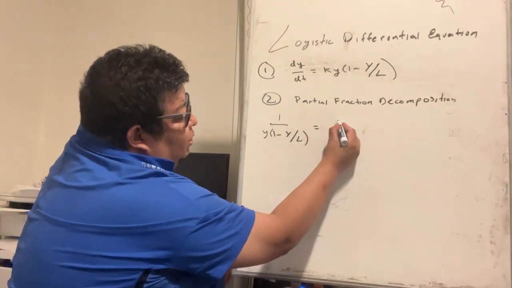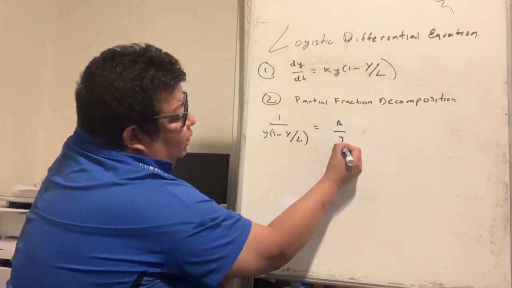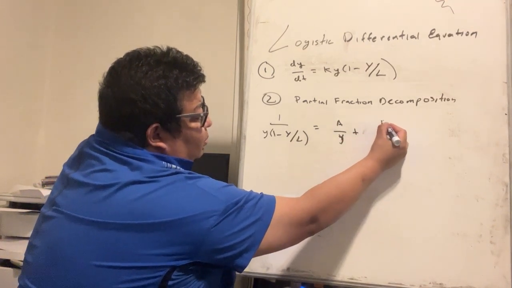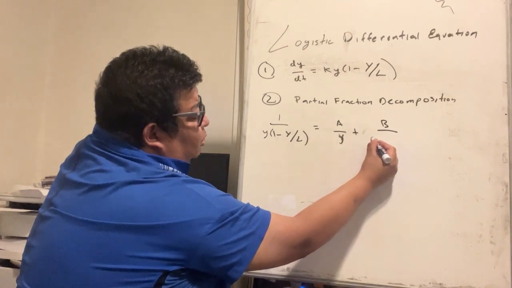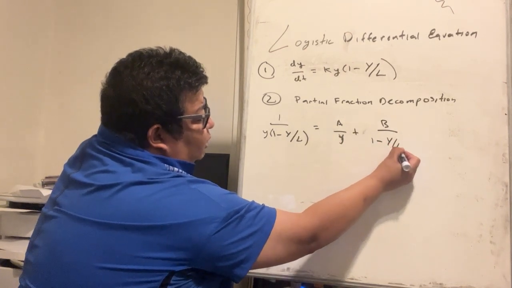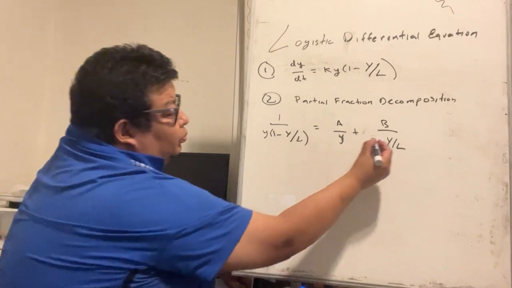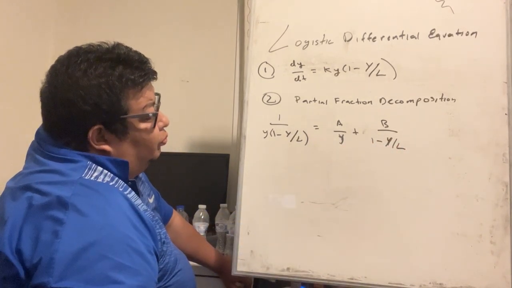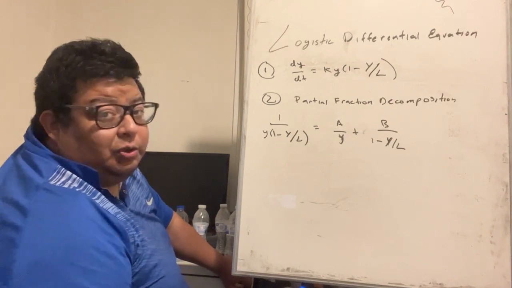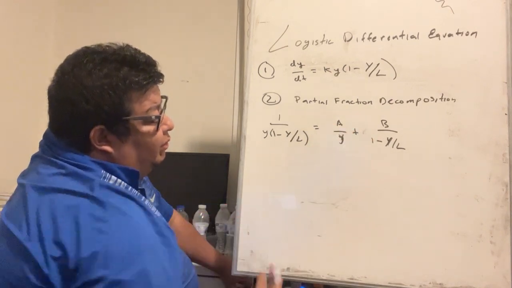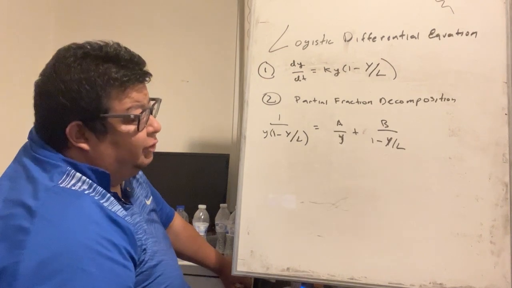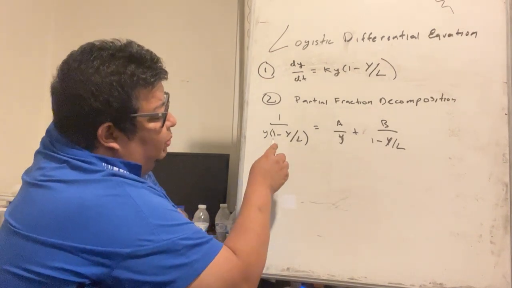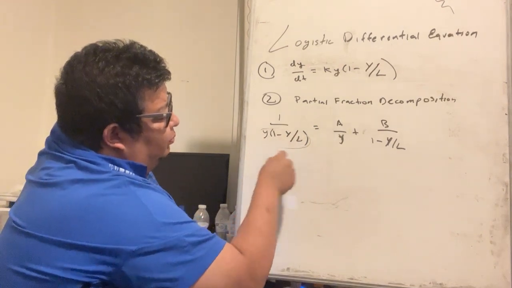So this would be equal to A over y plus B over (1 minus y over L). The way we solve for A and B, which are the partial fraction decomposition constants, is we multiply the left and the right side by this term.